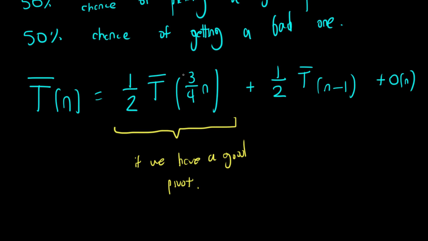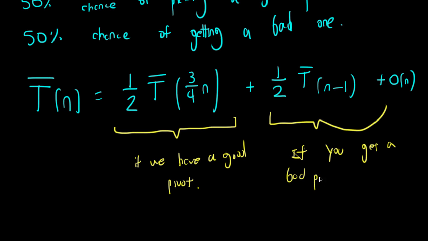That'll be the thing that we have here, the 3/4, which is the worst case of the good case. And this over here is if you get a bad pivot. And once again, this is the worst case. So we're still writing those worst cases.